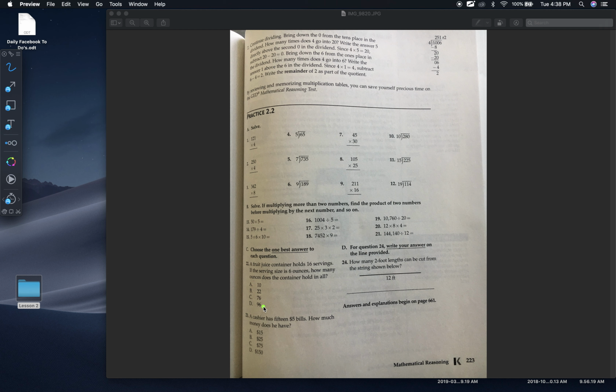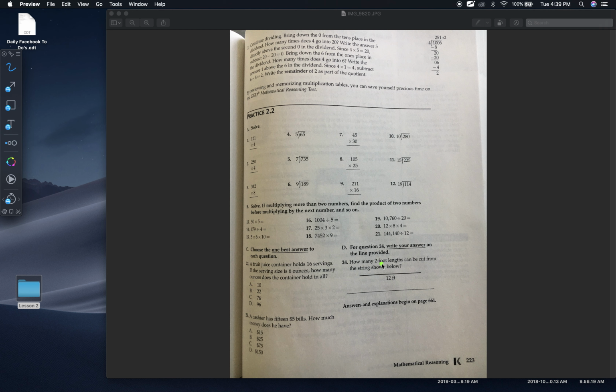Okay, again, that's why we set up these problems in the proper form, because doing this in your head takes a while, and the larger the numbers get, the harder it is to actually do it in your head. So D.